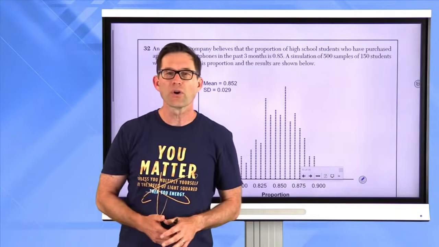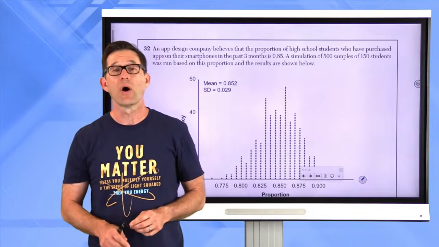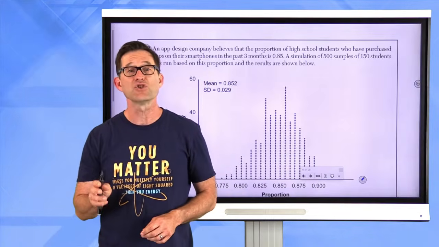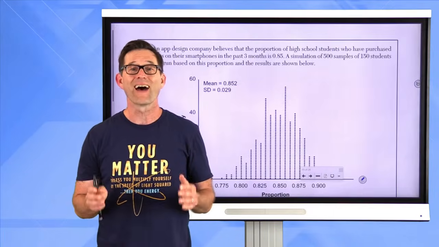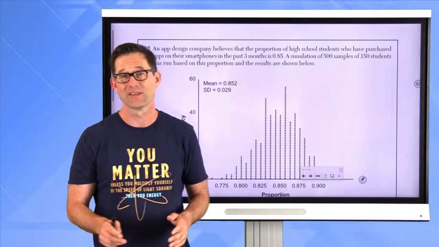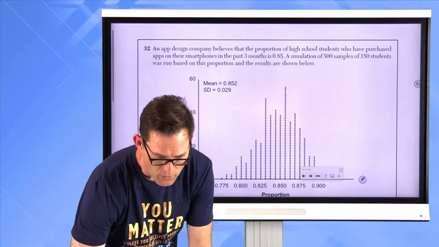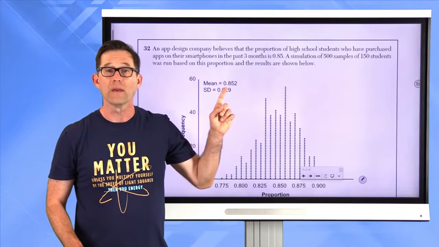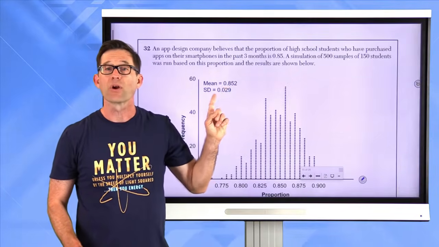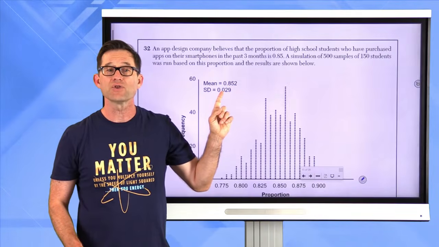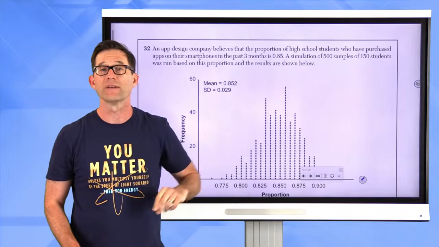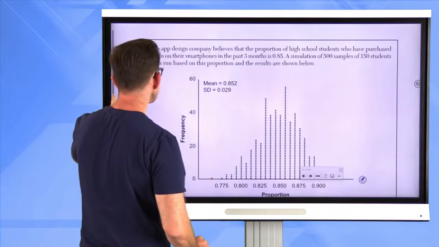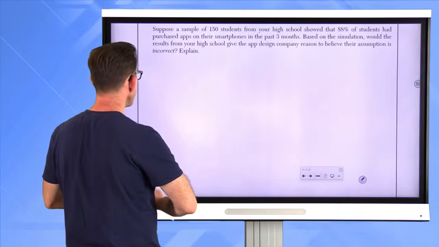So here's what we're going to do. We're going to construct what's called the two standard deviation interval, also known as the 95% confidence interval. What are we going to do? Well, we're going to take this number, our mean, always the mean here, and we're going to add twice the standard deviation to it, and we're going to subtract twice the standard deviation from it. So let's do that, and then we'll talk about exactly what that gives us.